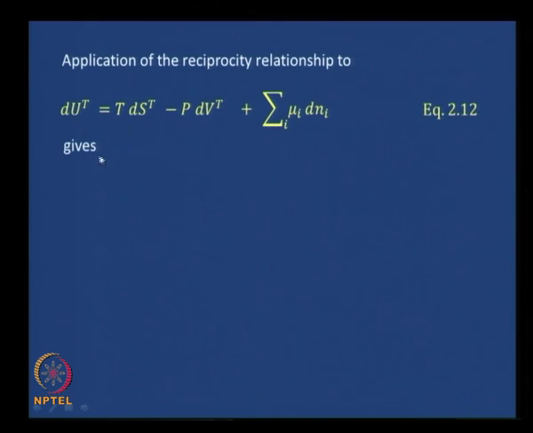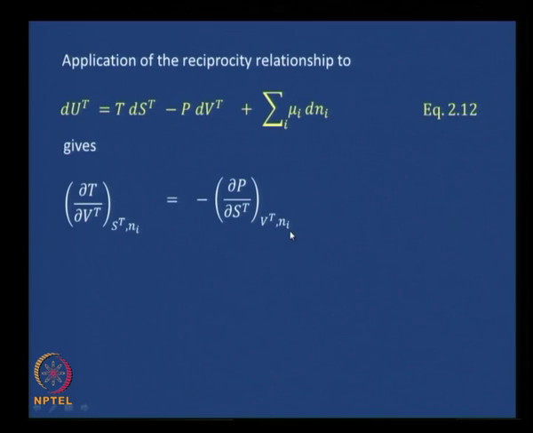If we apply the reciprocity relationship here, it will give us dou T by dou Vt at all other things remaining constant such as St and all ni's remaining constant, equals minus dou p by dou St at Vt and all other ni's remaining constant.